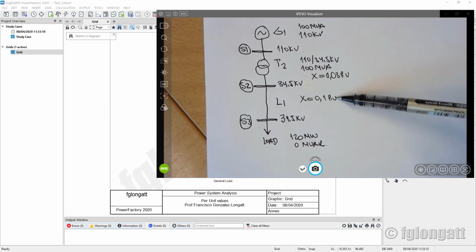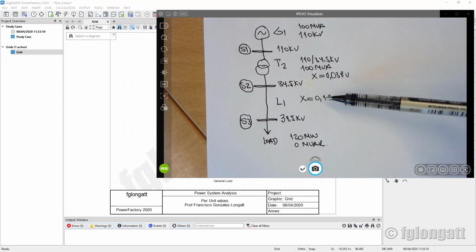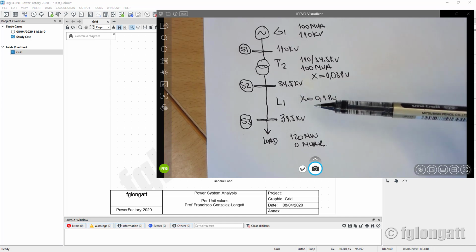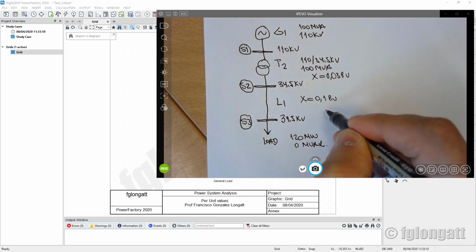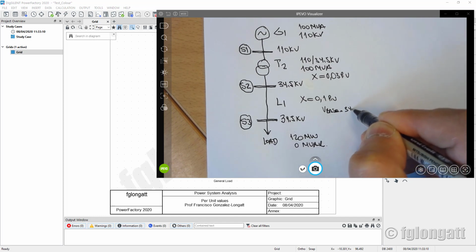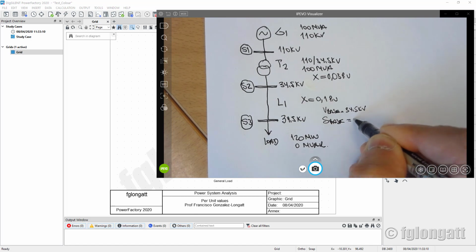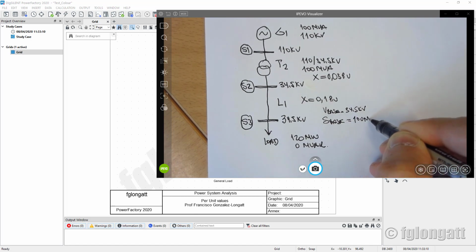As you can see over here, the reactance of this transformer is presented in per unit. That means that it is referred to this base. And over here you can see a reactance, and this reactance of course is defined in per unit, and as you must be aware, the base is 34.5 kV and the power base is equivalent to 100 MVA.